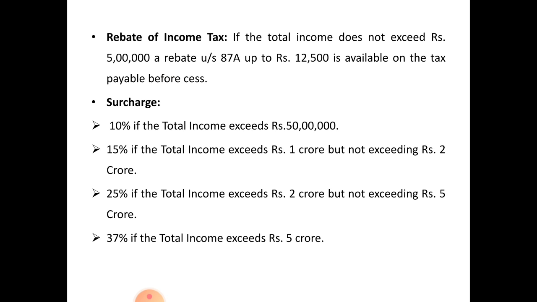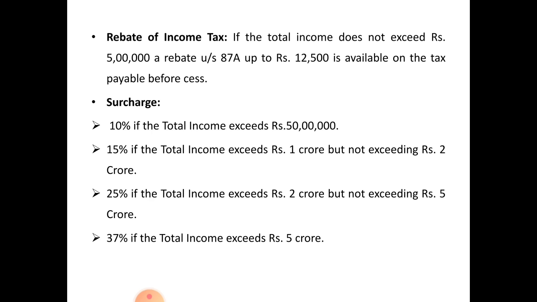After this, after calculating the tax liability on the basis of the rates prescribed in the tax slab, you have to deduct rebate of income tax from their tax. That is, you have to deduct this rebate of income tax if the total income does not exceed 5 lakhs rupees.